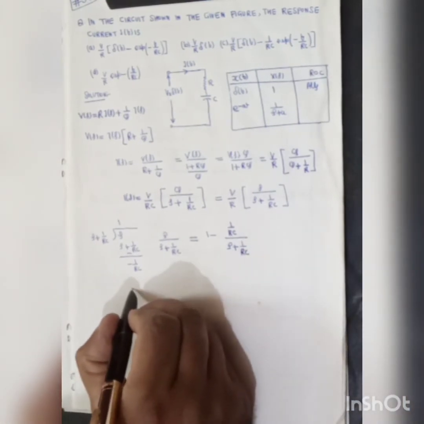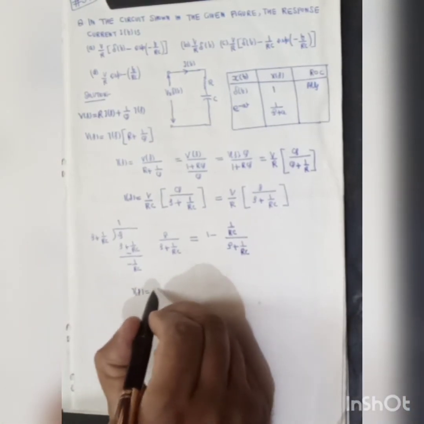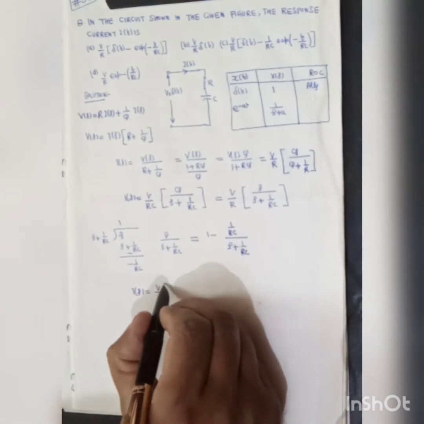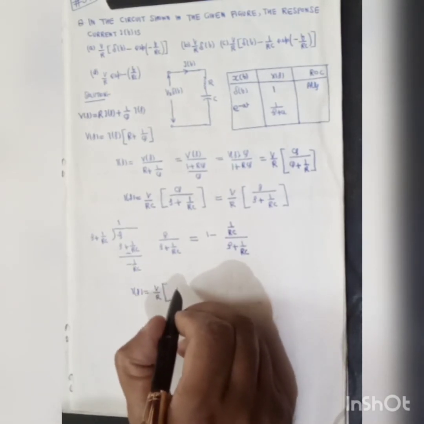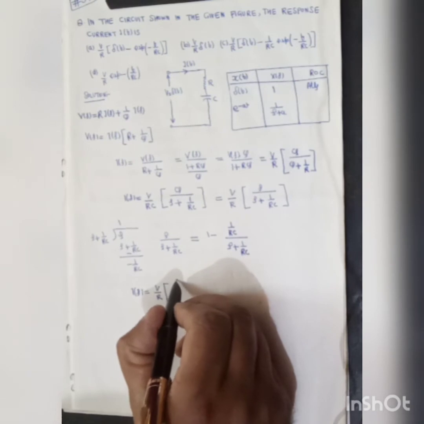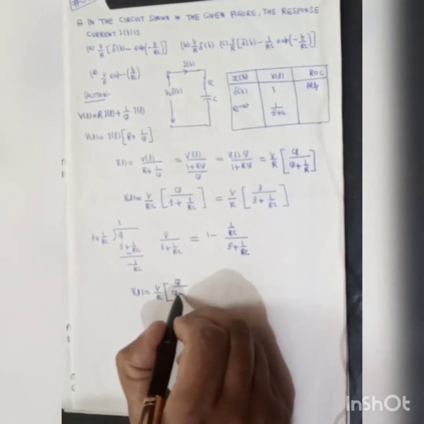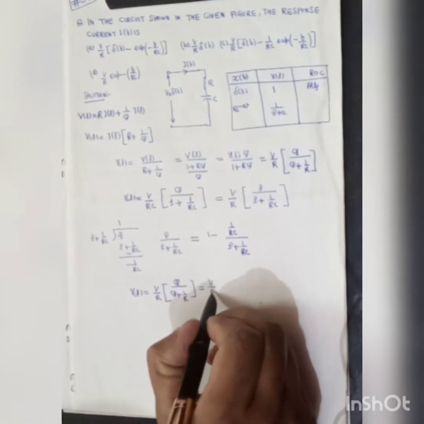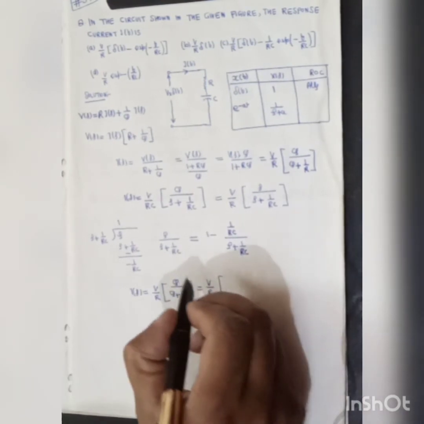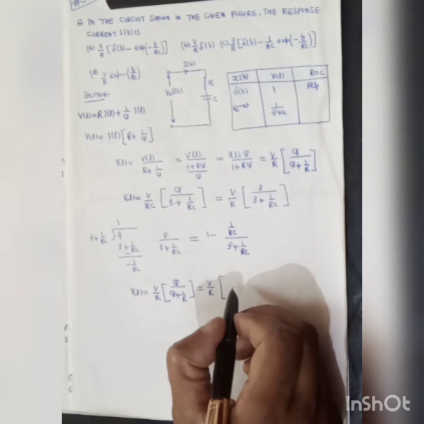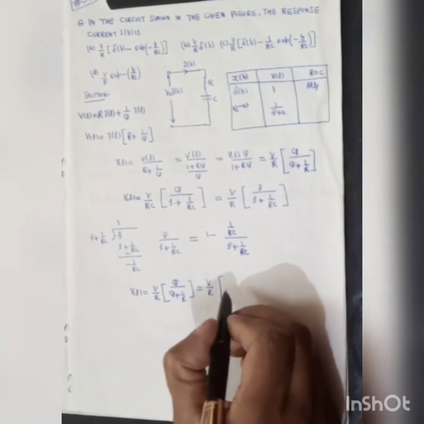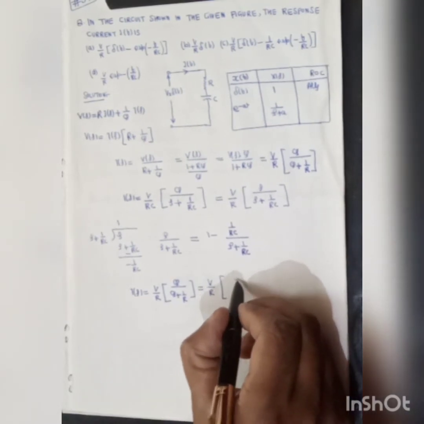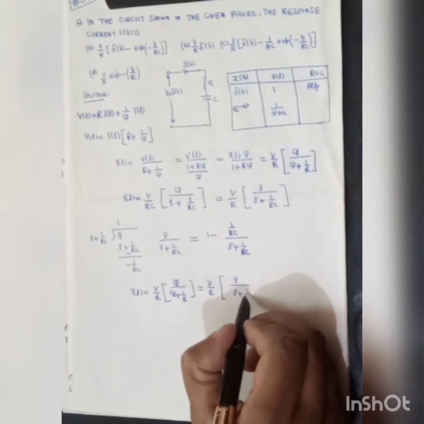So I(s) can be written as V over R into Cs divided by Cs plus 1 upon R, which is V divided by R, s divided by s plus 1 upon RC.